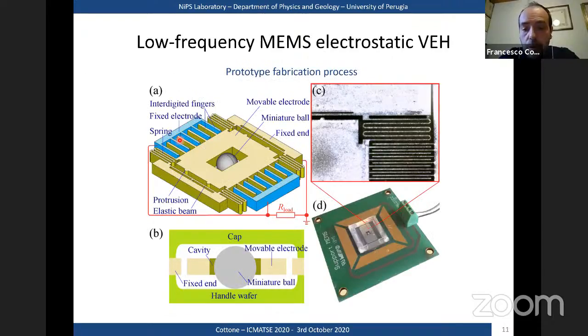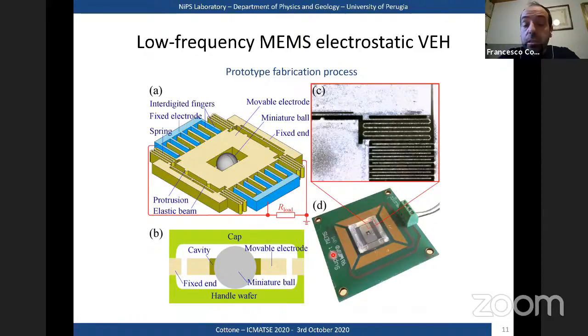You can see maybe in the picture here. I cannot zoom in, but there is a small microball inside the cavity. So why did we put this microball inside the cavity of the seismic mass?